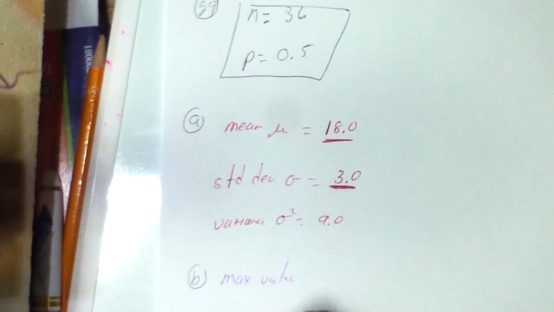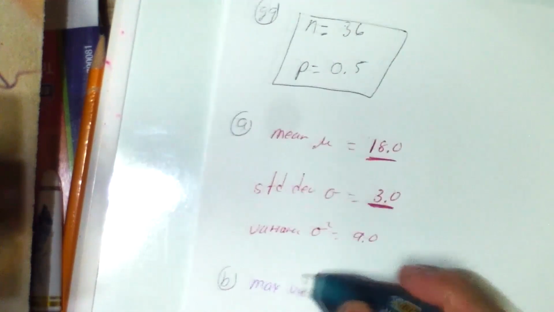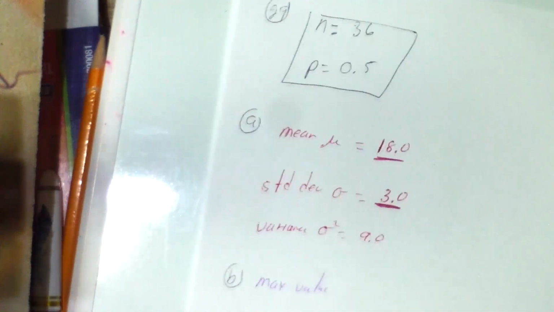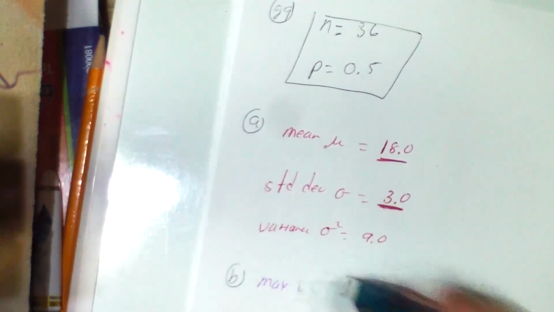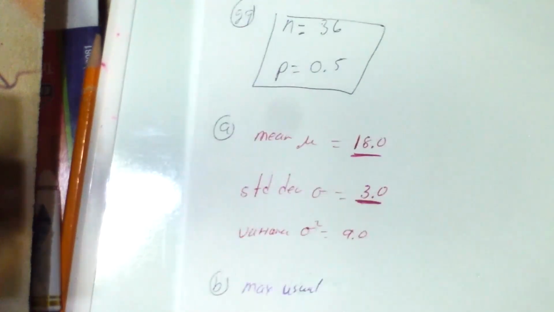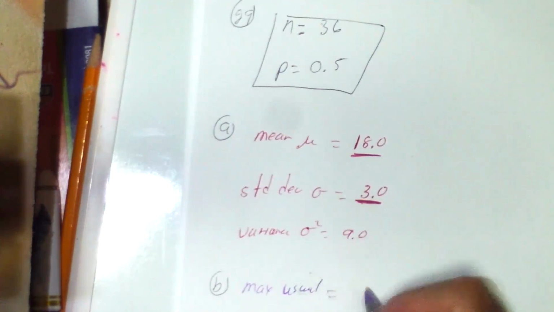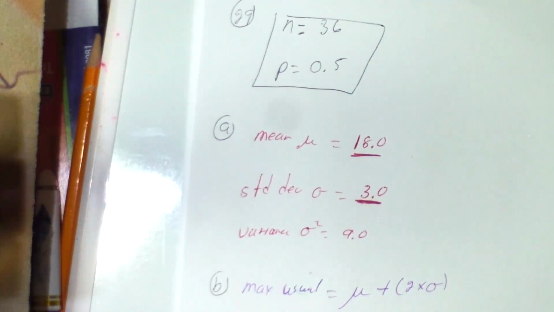Max usual was mu plus 2 times the standard deviation, and the minimum usual was mu minus 2 times the standard deviation.